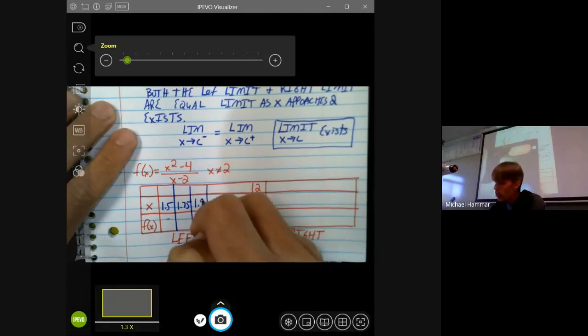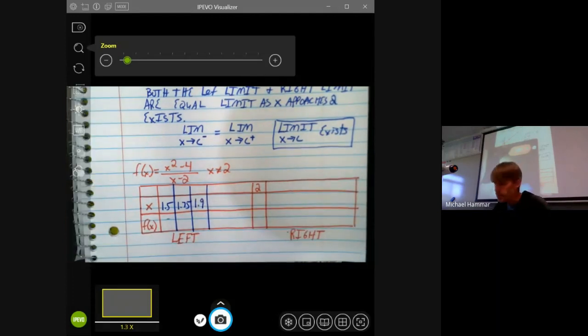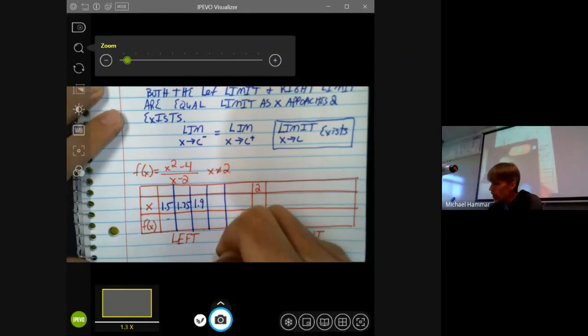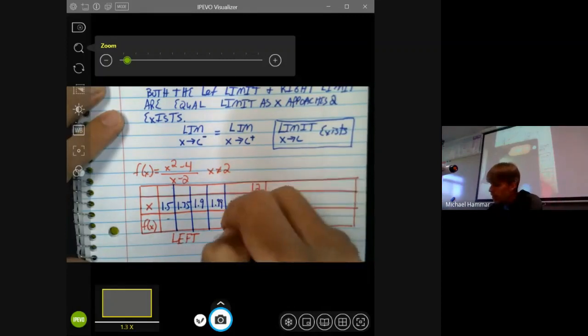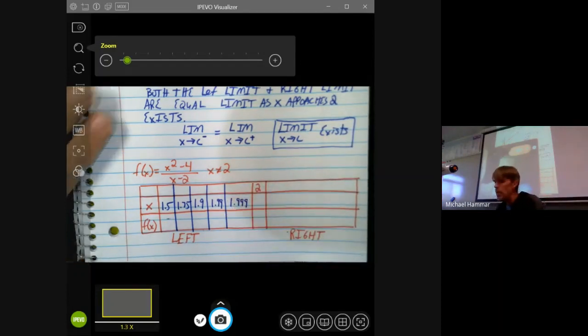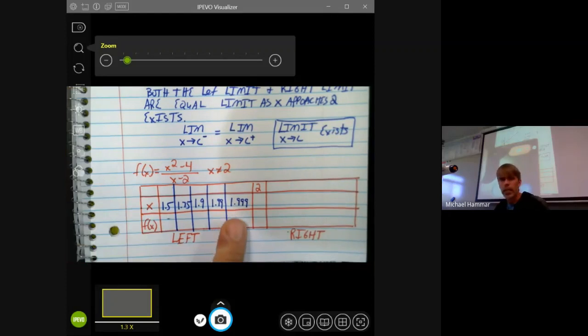Then I'm going to do 1.9. Then 1.99. And then I want you to do 1.999. Notice that these x values are getting closer and closer to 2, but I'm coming in from the left side.